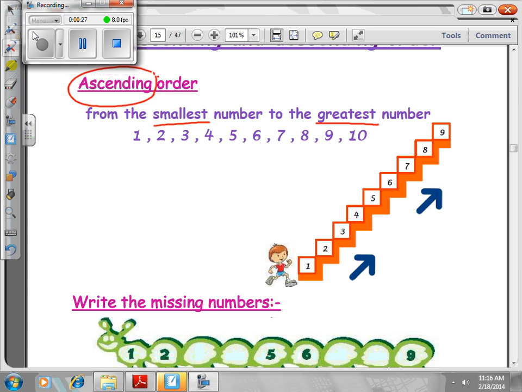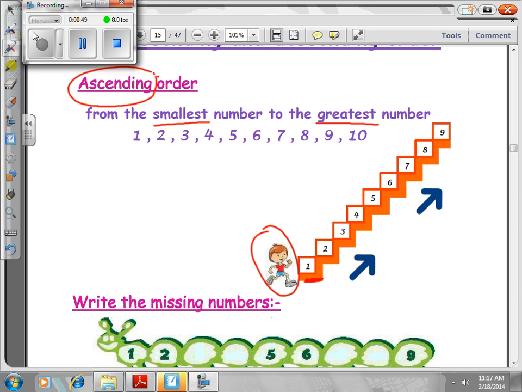So again, the ascending order means that I put the numbers from the smallest number till I reach the biggest number. It's like this boy who is going up the stairs. He starts from the first stair, which is the smallest number, stair number 1.